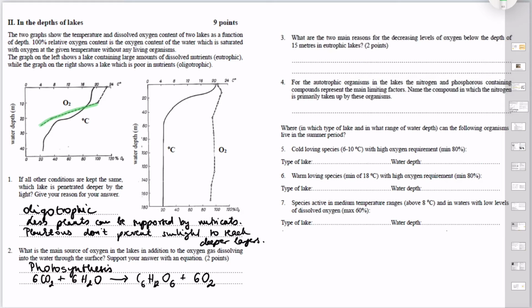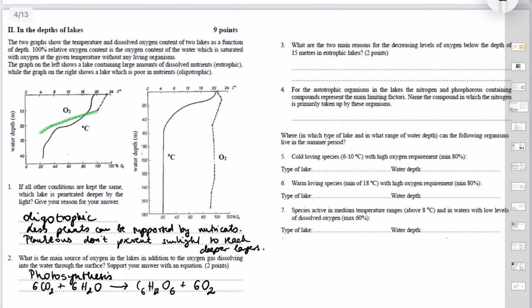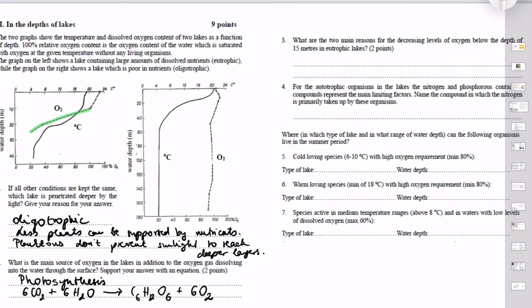And obviously, this is also a contributing factor in this pattern that we can see, that the oxygen levels are decreasing. So basically, we should write down these two things. Shading effect of surface plants and the cellular respiration of the consumers.